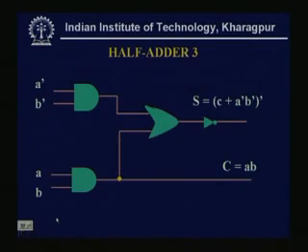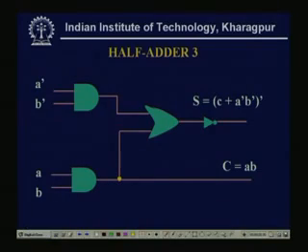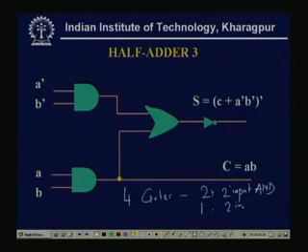Now see here only 4 gates are needed. So if we do this type of realization, then my half adder circuit takes only 4 gates: 2 input AND gates, one 2 input OR, and one NOT. So total gates are only 4.